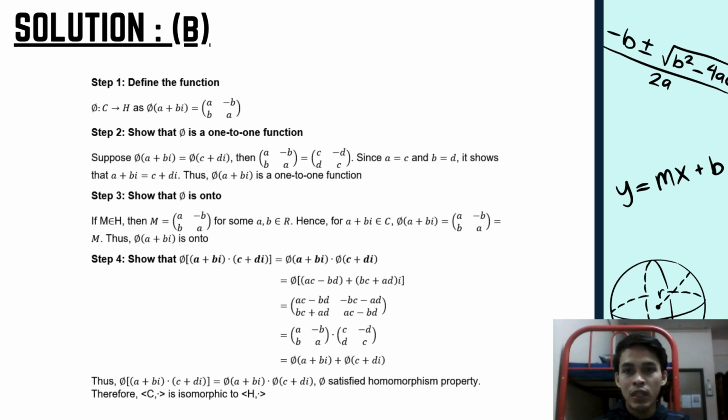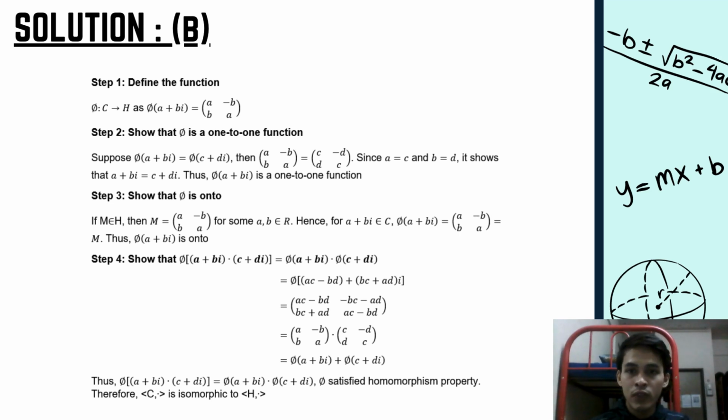And for the last step, show that phi((A plus BI) multiplied by (C plus DI)) is equal to phi(A plus BI) multiplied by phi(C plus DI).